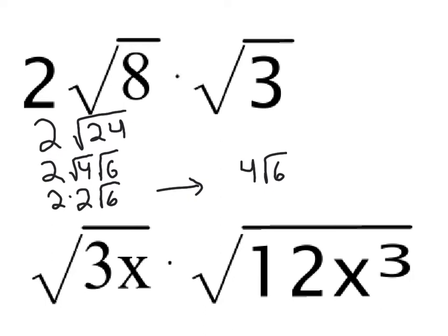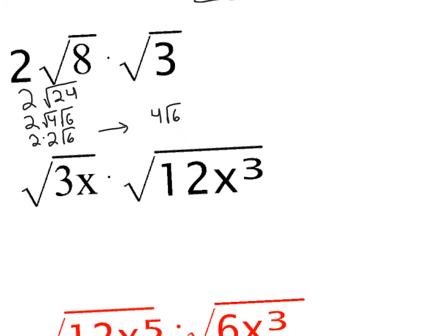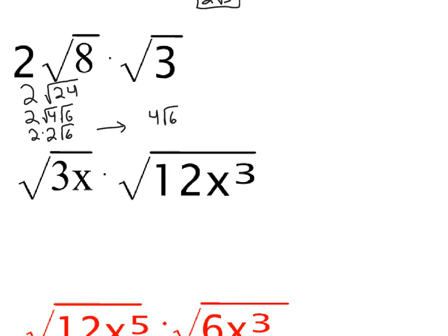All right, pause for a second. We could have, off the bat, decided to change the 8 right away because that has a perfect square in it. And here's what would have happened if we would have done that. We had 2 root 8 times root 3. 8 is 4 and 2.